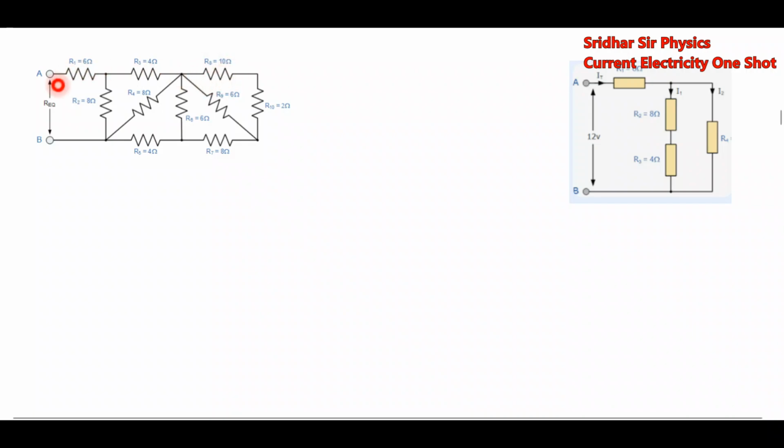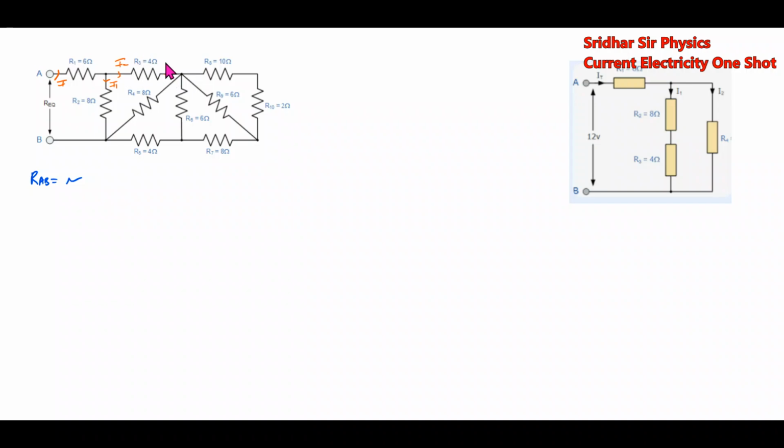Next we have to find the effective resistance RAB. First we are going to send the current I here. It will branch out into I1 and I2.